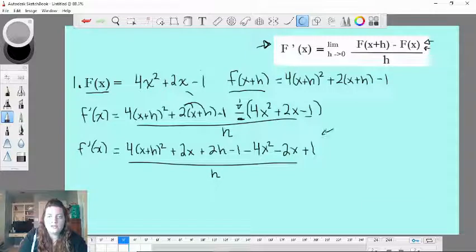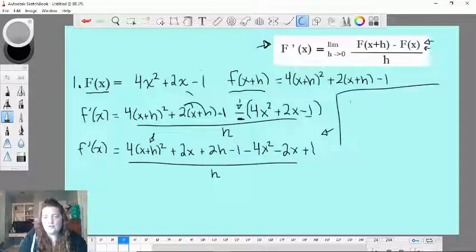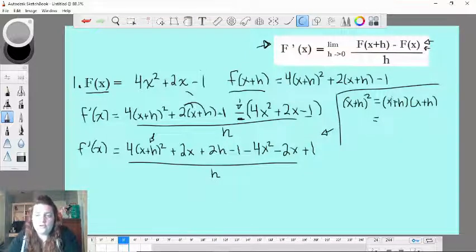The only thing I haven't simplified in here is your x plus h squared here. So let's go ahead and do that so we can change that. So 4 times x plus h squared. X plus h squared is the same thing as x plus h times x plus h. How do you simplify that? Well, you just FOIL. So these are factors, so you'll just do x times x, x times h, h times x, and then h times h.